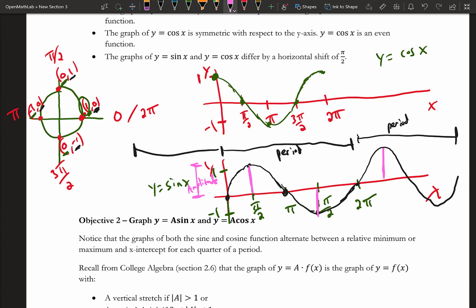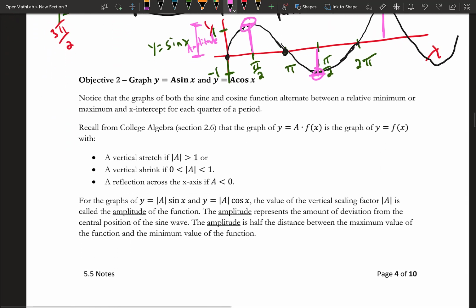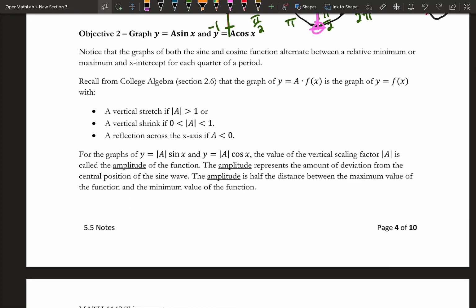Notice it is half the distance between the max and the min. If I look at this point and this point, take the difference between the y coordinates, and then divide by 2, that gives me the amplitude. We're going to talk about the amplitude coming up.